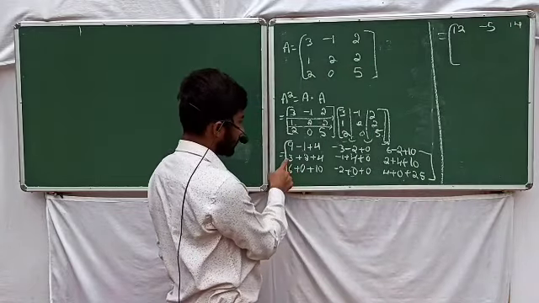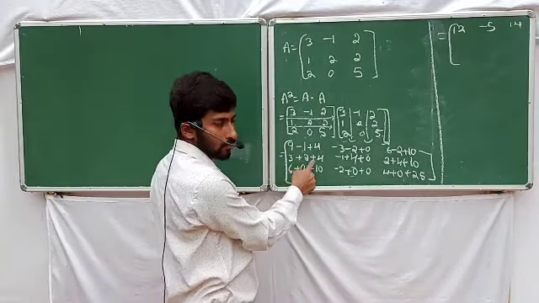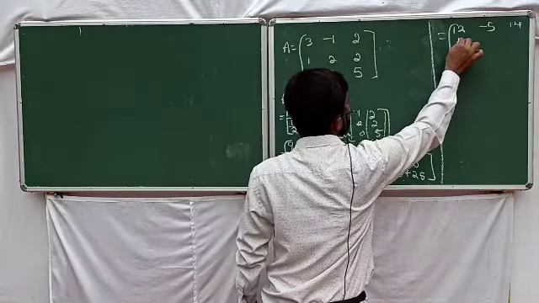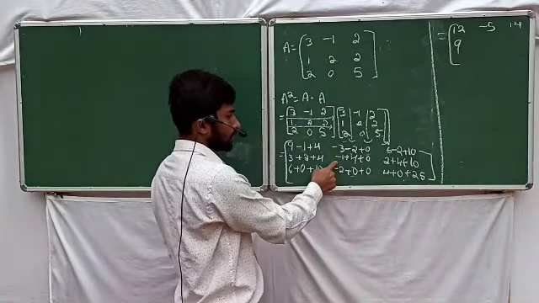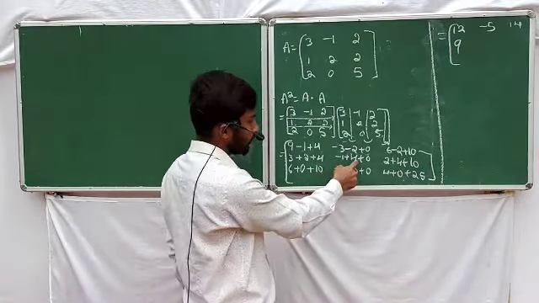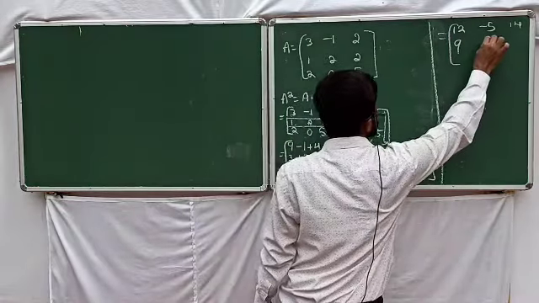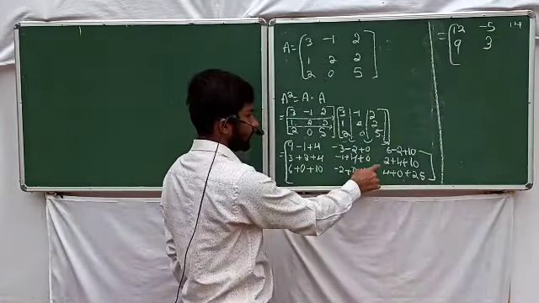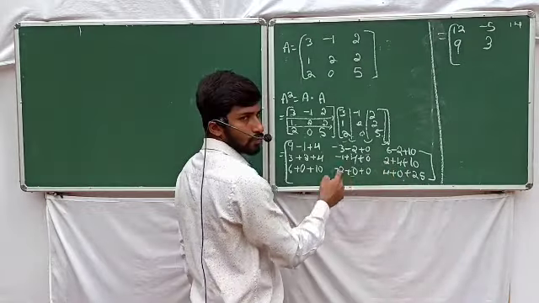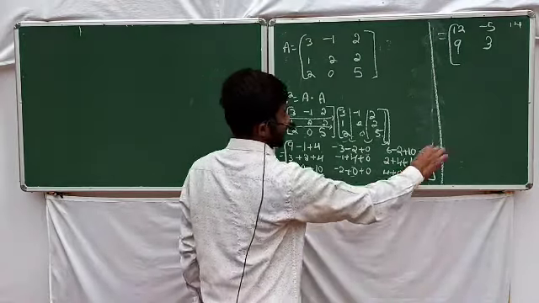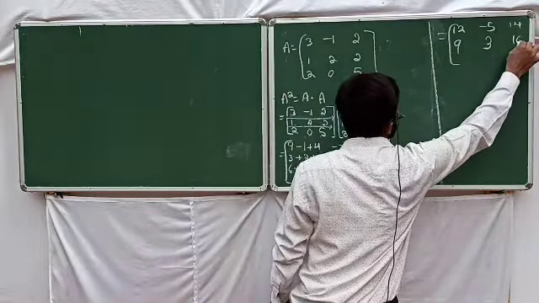Next, see, 3 plus 2, 5 plus 4, its value is equal to 9. Then minus 1 plus 4, its value is equal to plus 3. Then 4 plus 2, 6 plus 10, its value is equal to 16.